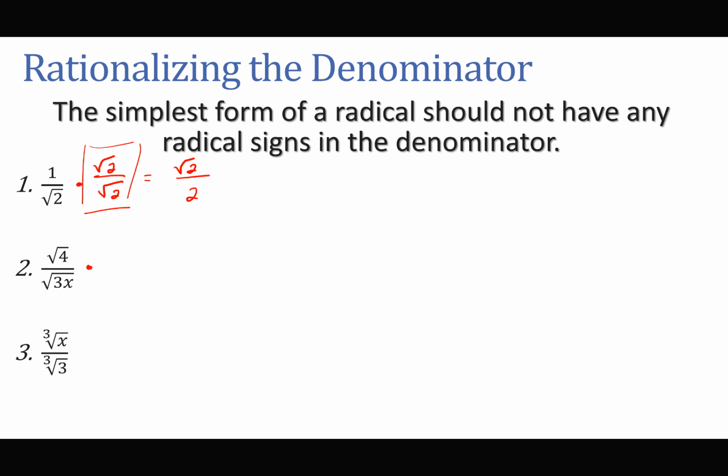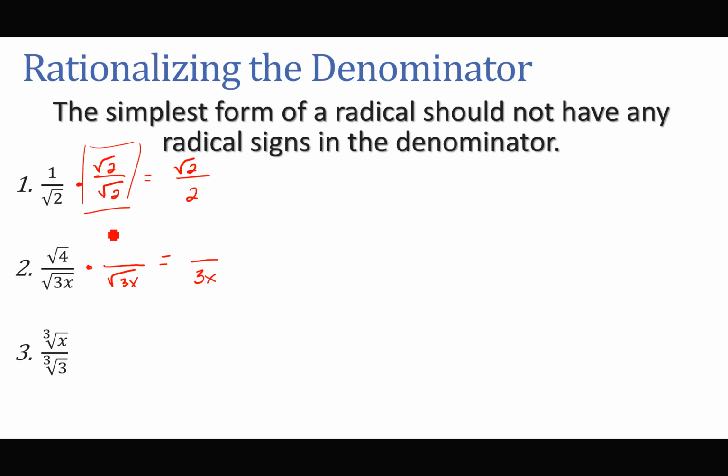What am I going to multiply by on this part number 2? Ben, what do you think? It's just square root. There you go. Okay. And I'm taking that whole thing. So square root of 3x, because I know square root of 3x times the square root of 3x just leaves me with 3x.